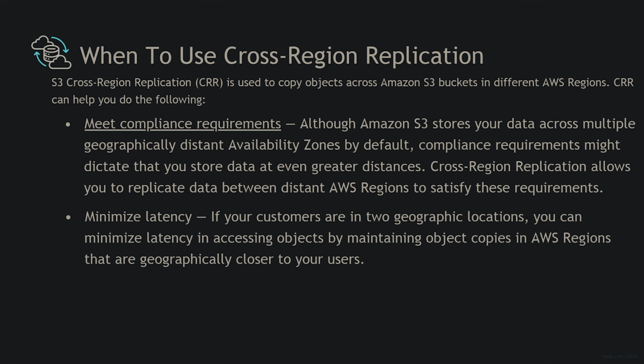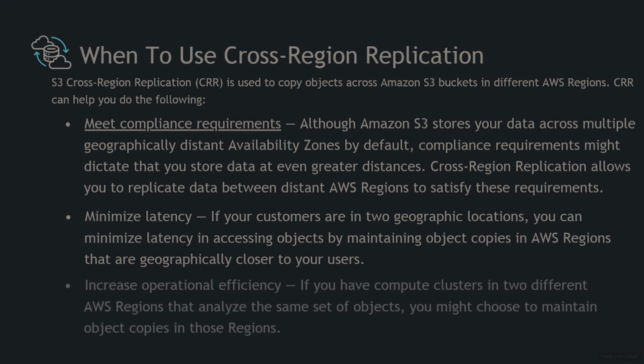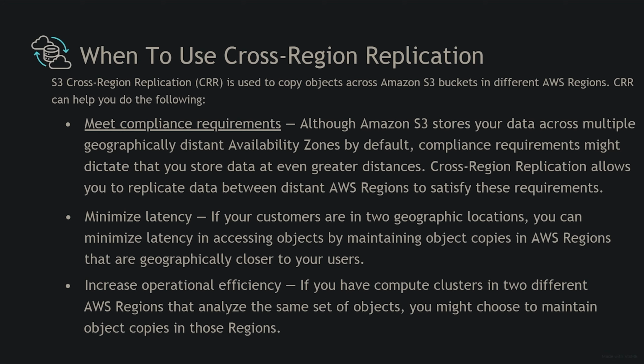So this is what minimize latency means. Then the last one is increase operational efficiency. If you have compute clusters in two different AWS regions that analyze the same set of objects, you might choose to maintain object copies in those regions. Now these are the situations when you should consider cross-region replication.